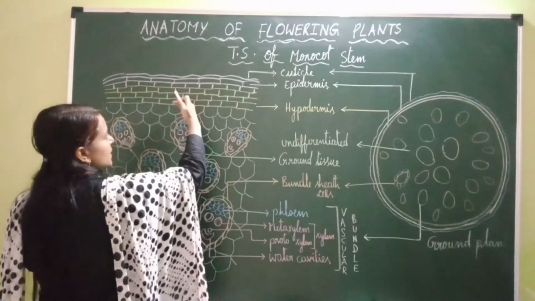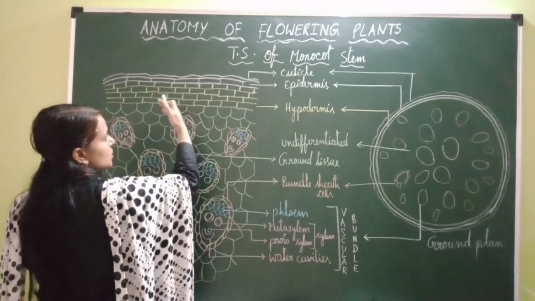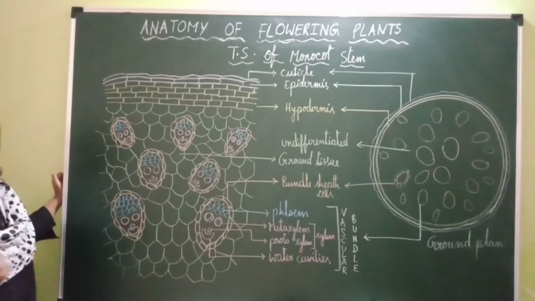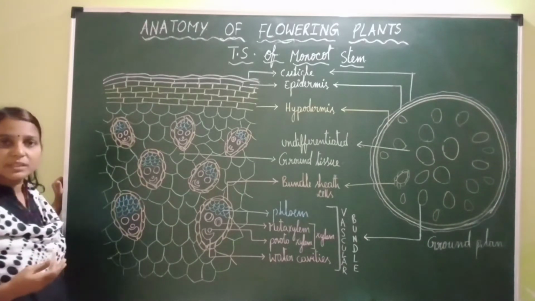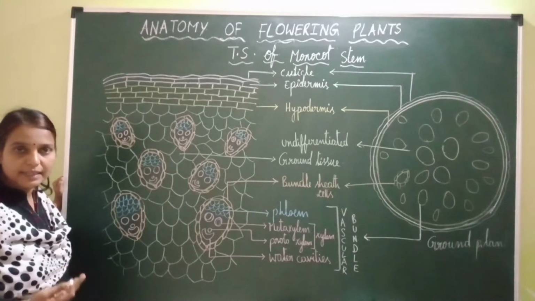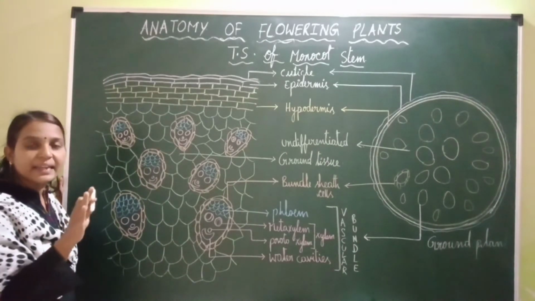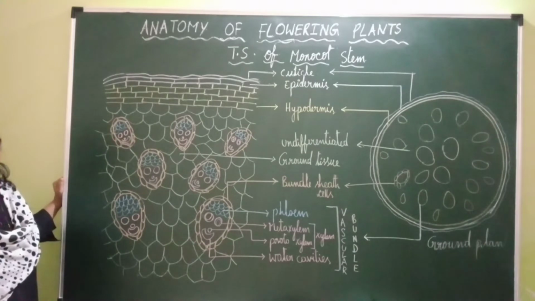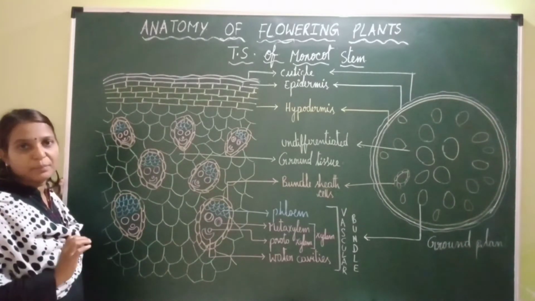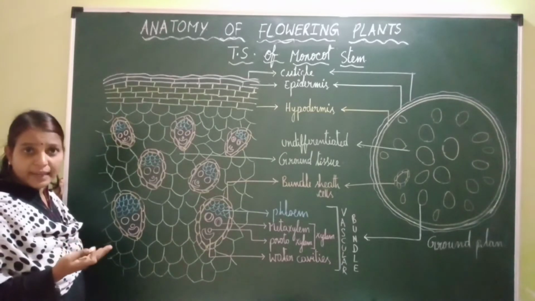Now, coming to hypodermis. The tissue which is present just below the epidermis is called hypodermis. This hypodermis is few layered, that is 3 to 5 layered, and is made up of sclerenchymatous cells which provide mechanical support to this monocot stem. In case of dicot stem, hypodermis is made up of collenchymatous cells which provide mechanical support.